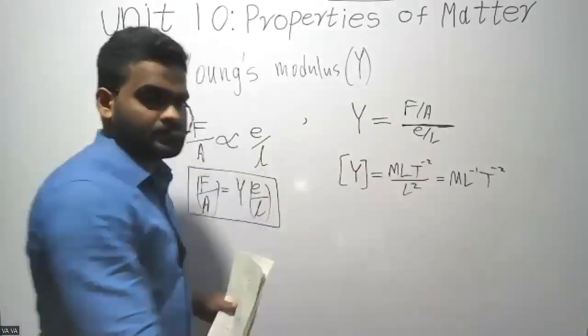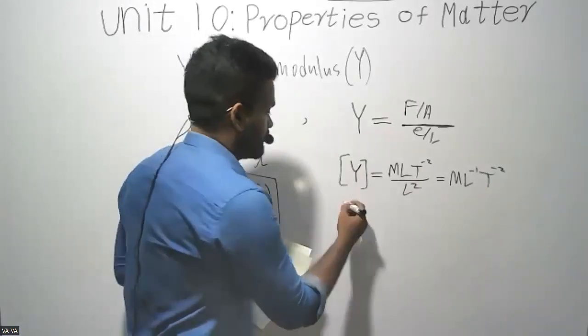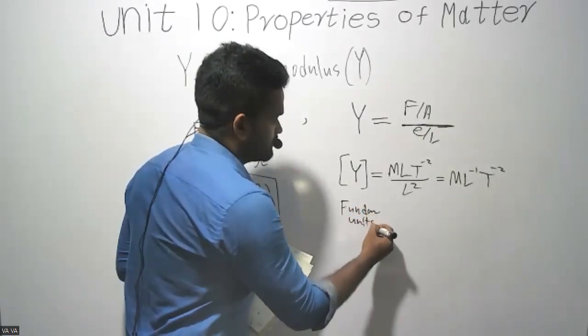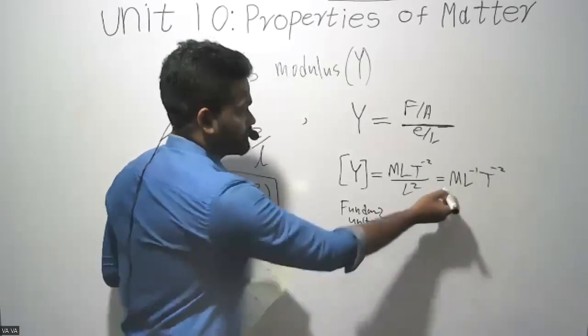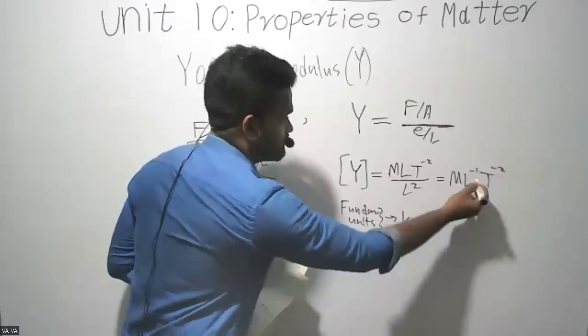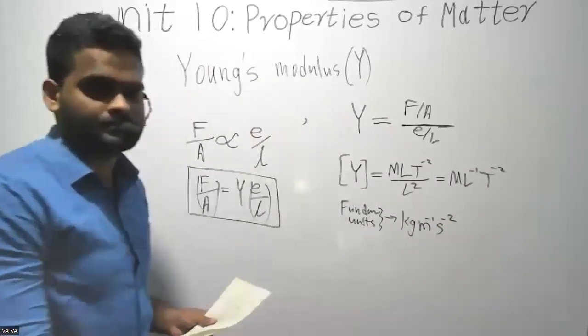Just take it down. Then fundamental units. Fundamental units are based on dimensions: kilogram per meter per square second.